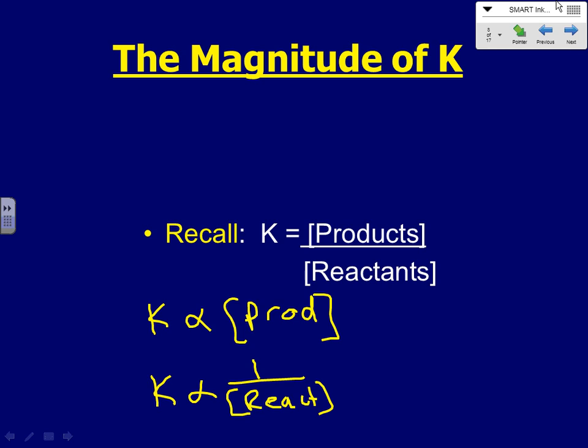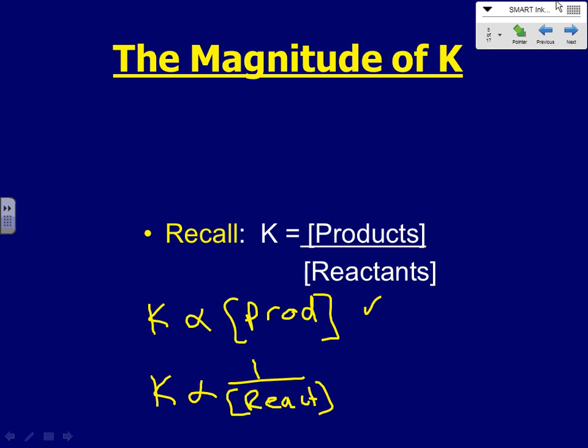The neat thing about an equilibrium, though, is that as soon as you define what happens to the products, the opposite thing happens to the reactants. So we really don't need to worry about this inverse relationship, because that can sometimes be a little confusing. It's an opposite scenario. So I would prefer you to think about the direct relationship: K is proportional to the products.